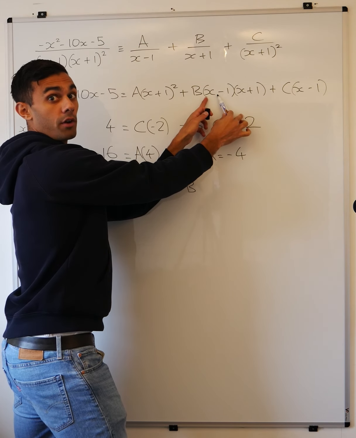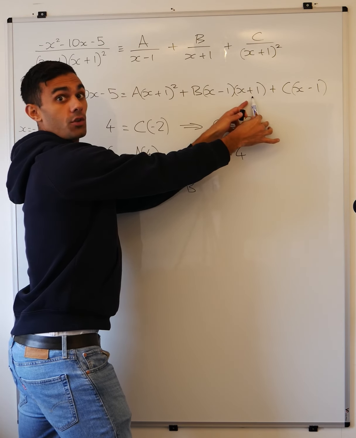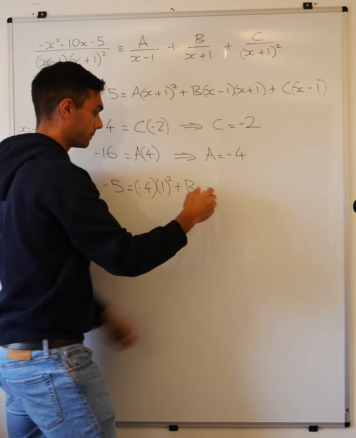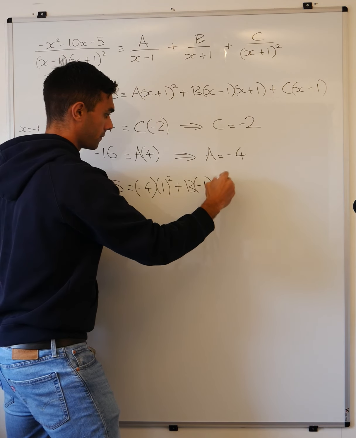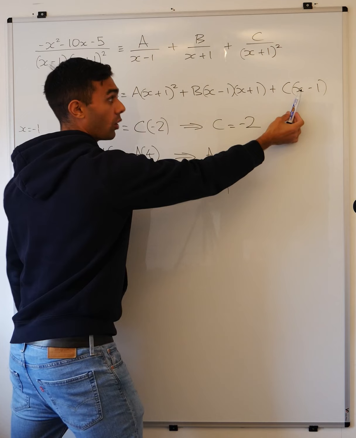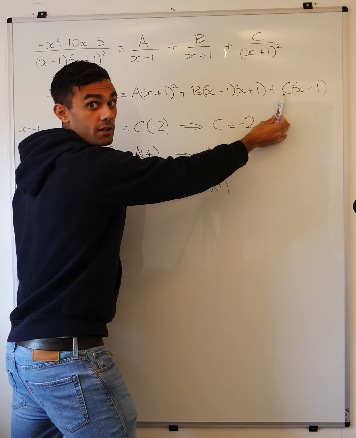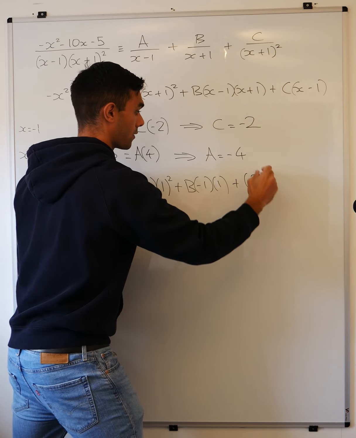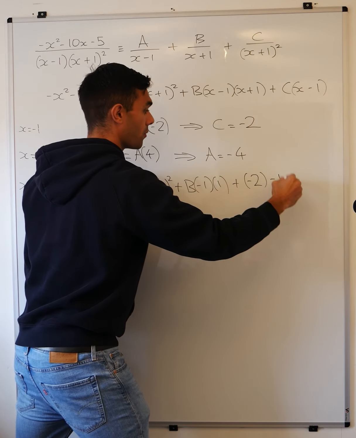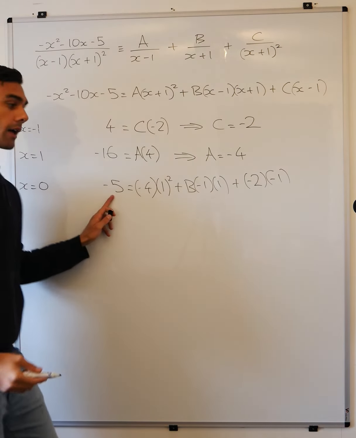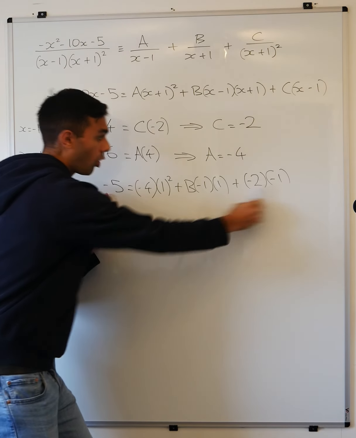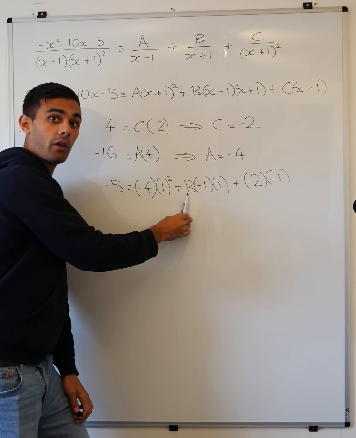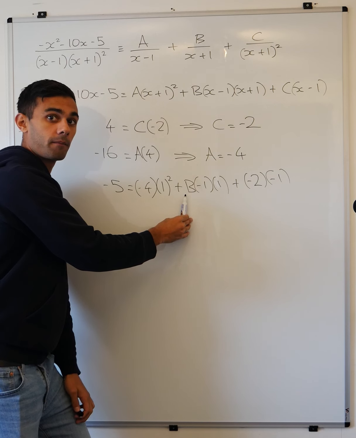Here, 0 goes in, we get -1. 0 goes in, we get 1. And finally, on the end, we've worked out C already, so we can sub that in. And 0 goes in here, -1. Brilliant. And what's happened is, we've got our equation, there's only one unknown, so we can work it out.